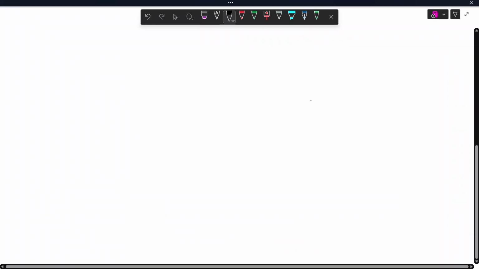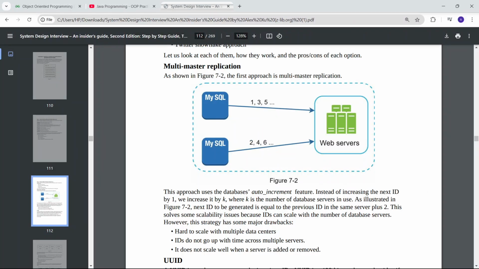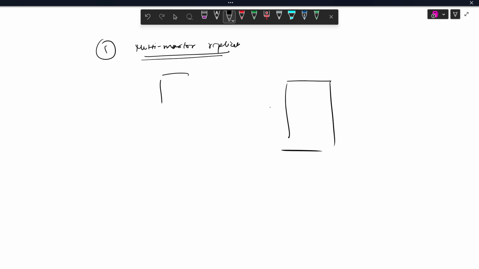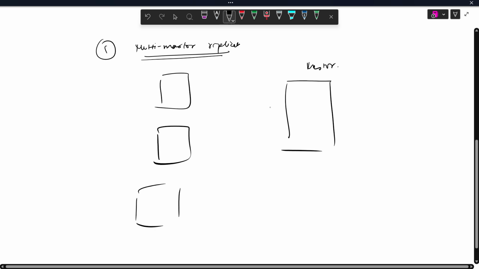So basically what can we do? The first option we have is multi-master replication. And in multi-master replication, basically, we have a master database and different databases.